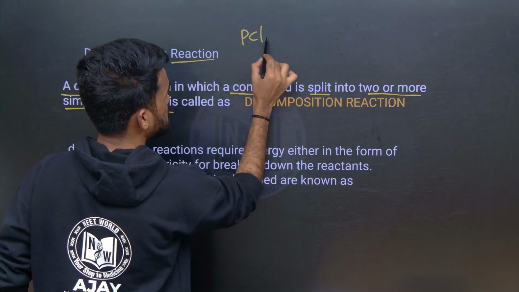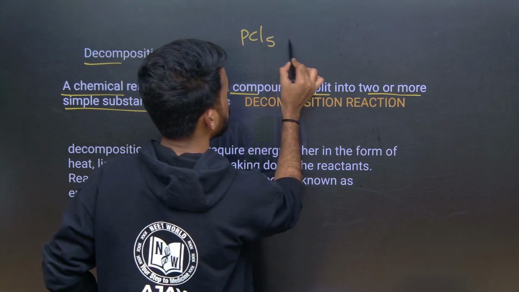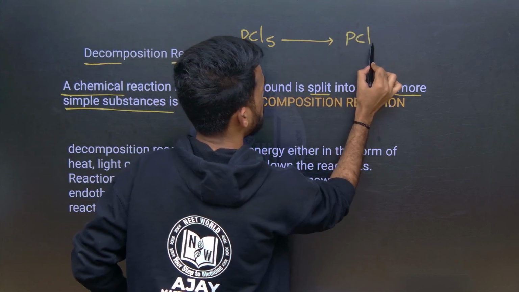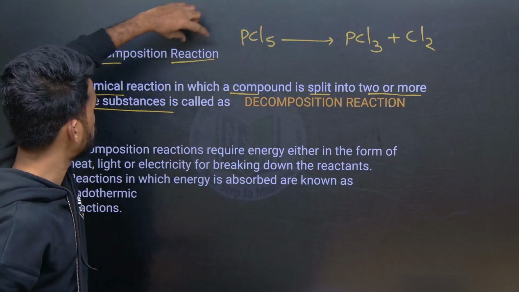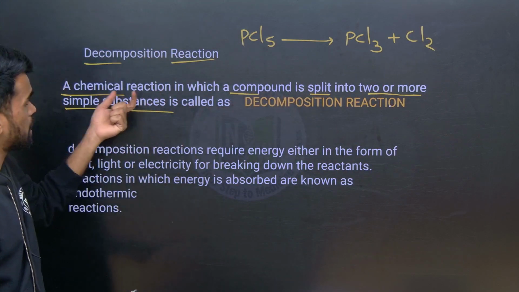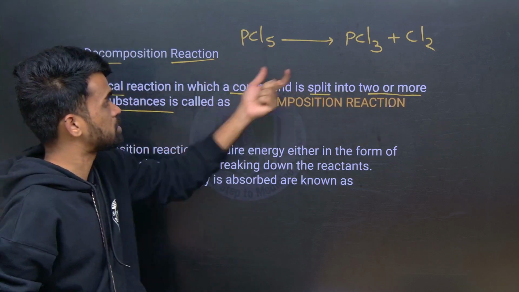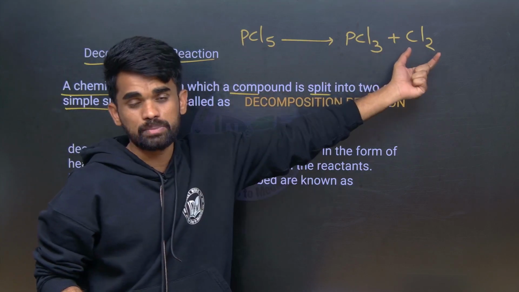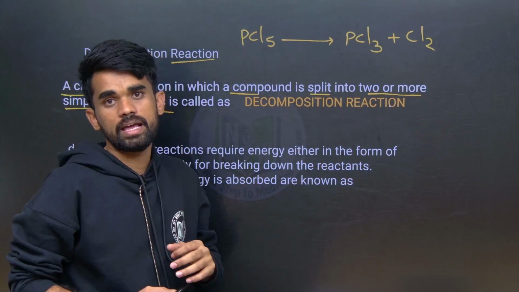PCl5 is a compound, and it splits into PCl3 plus Cl2. A chemical reaction in which a compound splits into two or more simple substances, yes, we got two simple substances here, so this can be considered a decomposition reaction.